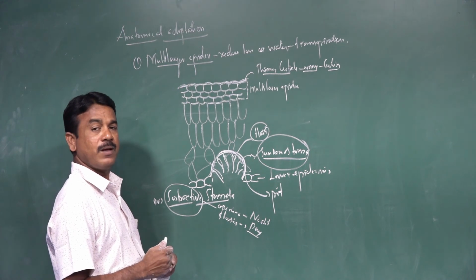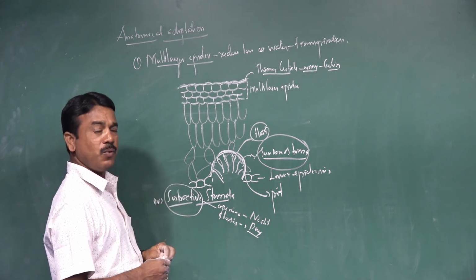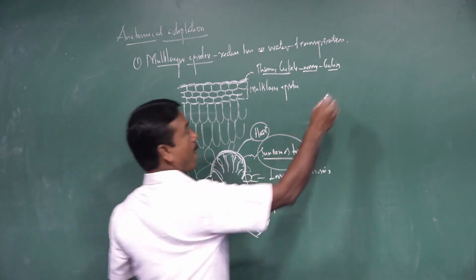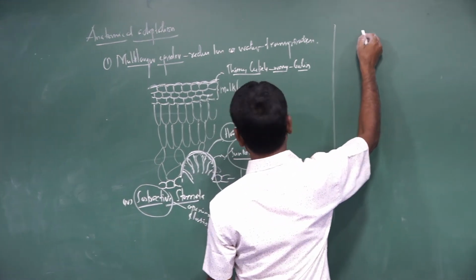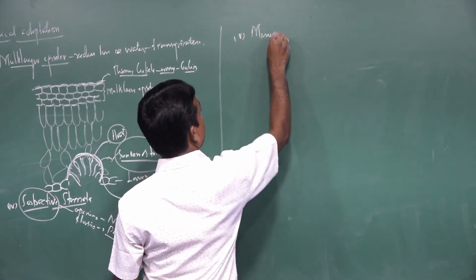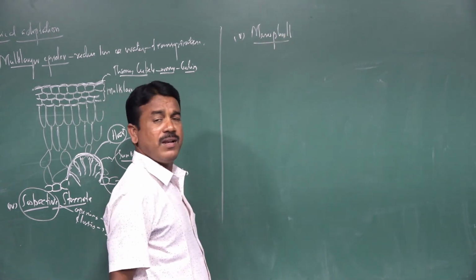Then, in the structural view, mesophyll is not differentiated. What do they call mesophyll?